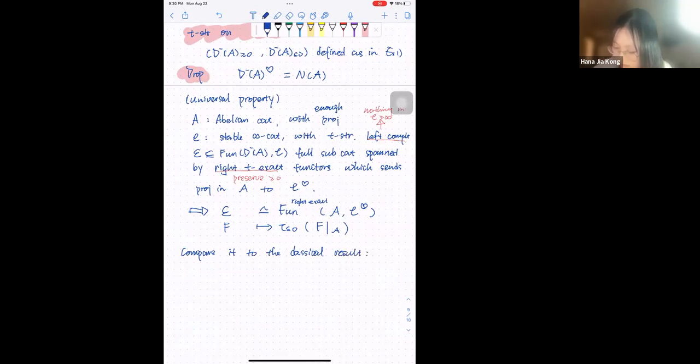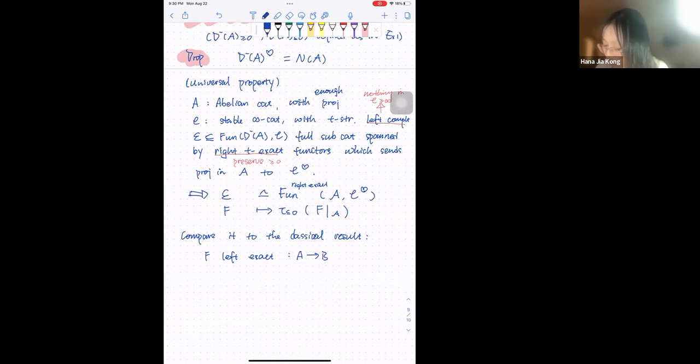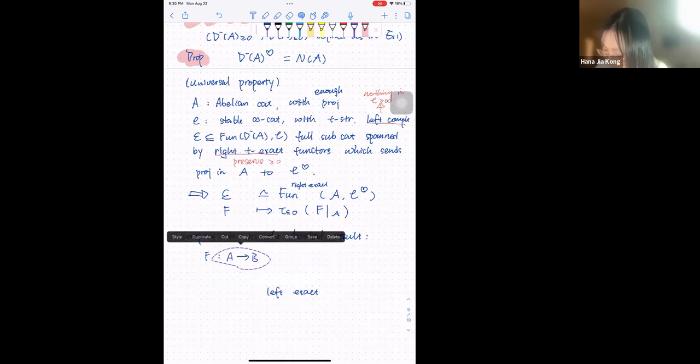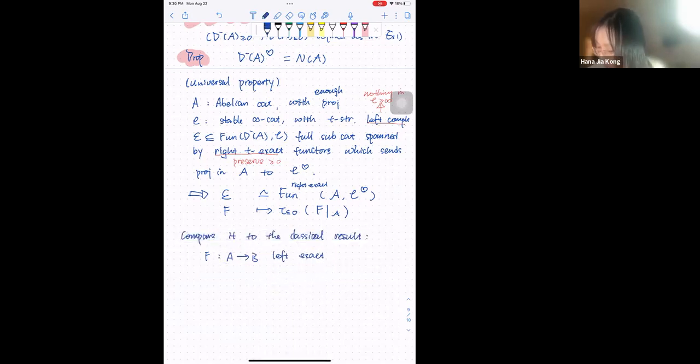That is, if we have a left exact functor between two abelian categories, and A has enough injectives.